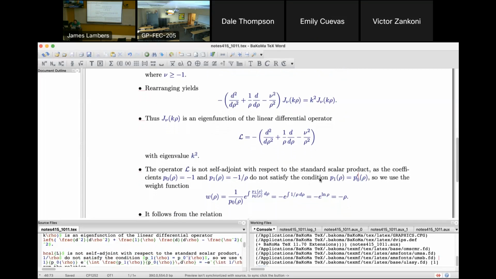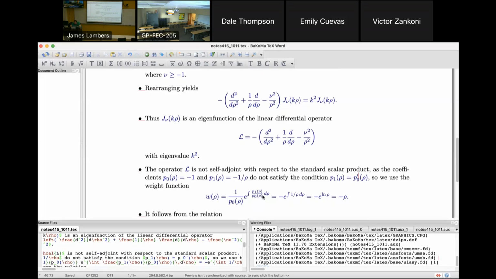Point is, it's not self-adjoint, and therefore we need a weight function. The formula for the weight function was established some time ago. Recalling it here, it's 1 over p naught times e to the integral of p1 over p naught.